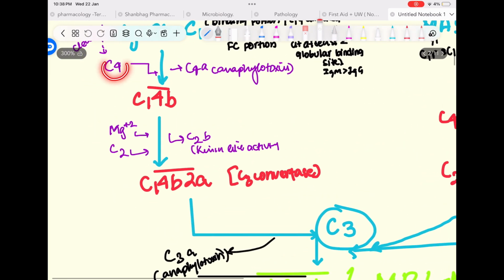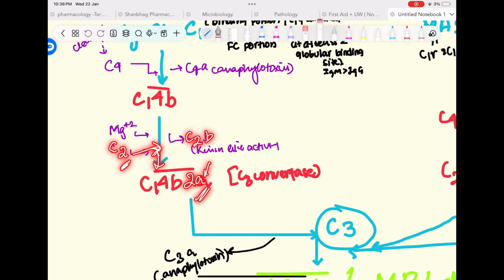After C4 is cleaved and activated, now we have the antigen antibody complex C1 and 4B, which is the activated part. After the C4 is activated, now with magnesium, C2 is broken down. So C2 is broken down again into two parts, 2A and 2B, but here 2A is slightly larger.